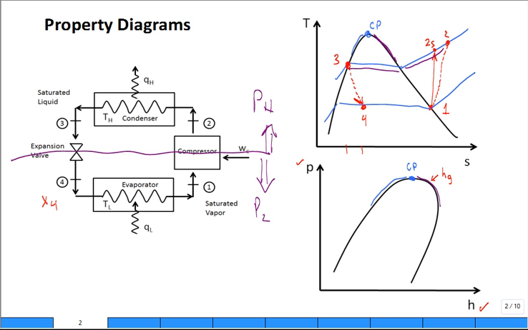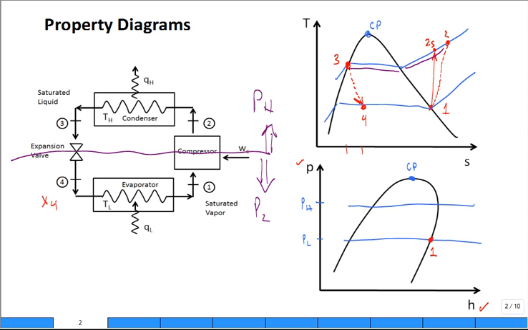So you have a pressure high and a pressure low. Okay, so the lines of constant pressure they're just horizontal lines. Let me get rid of this here. Get rid of that. Okay, now where is state 1? It's saturated vapor at low pressure.